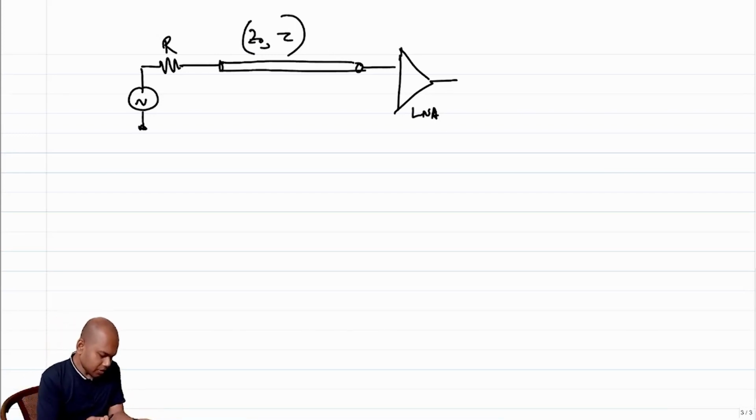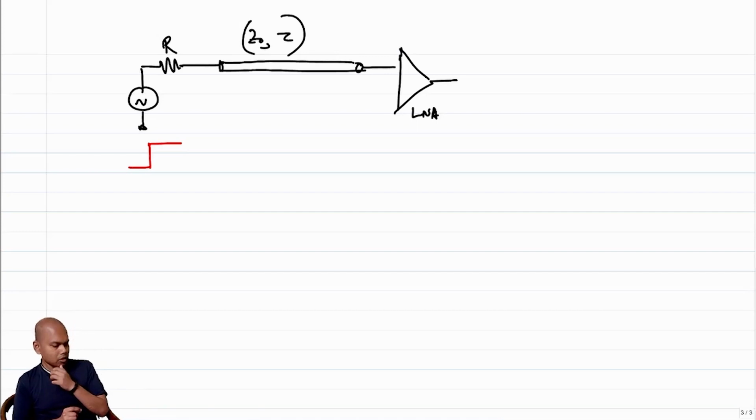So let me start off with an example which is not a real life example, but it will give you an intuition as to why this can be a problem. So let's say I have a situation where, instead of sending sinusoids, I am sending bits, right? So let's say I send a step in the first place.